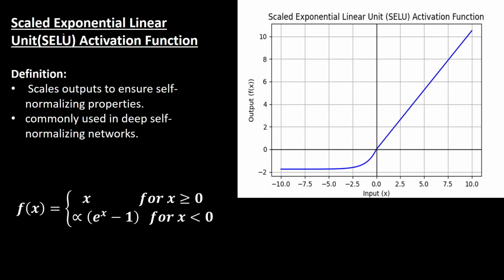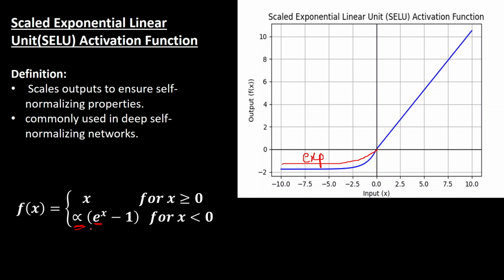Then we have the scaled exponential linear unit. Have you seen the exponential linear unit, where you have a graph like this? Okay, this was for the exponential function. But here, scaled means that we are multiplying the exponential value with the alpha, okay.